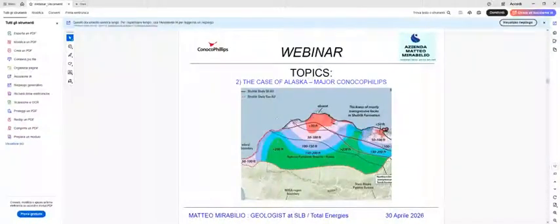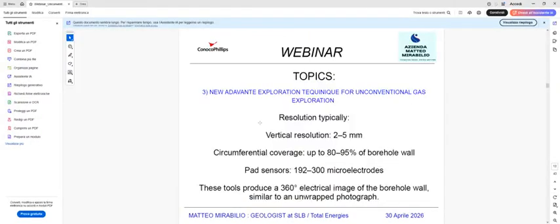This is the continuous bed situation with shale oil and shale gas. We have a new adaptive exploration technique for unconventional gas resources. We are developing this in partnership with ConocoPhillips.